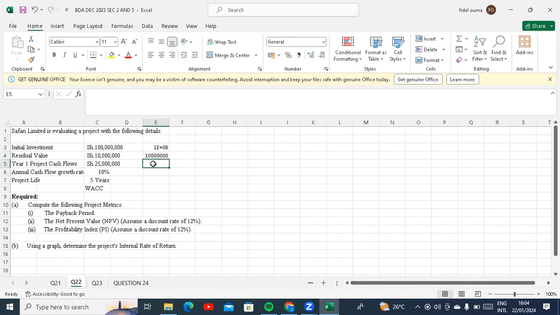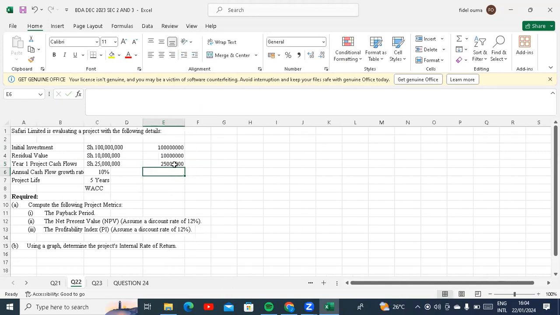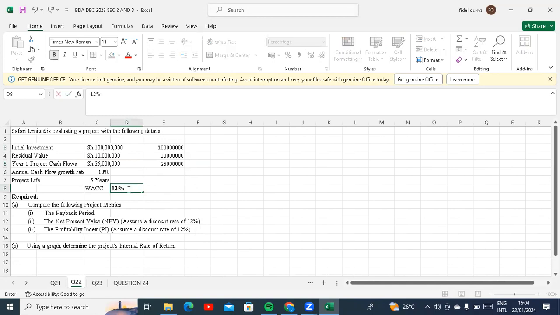For year 1 cash flow, I'll also write 25 million. Then we have the 10% growth, and I'll use the WACC, which you have been given as 12%. So I'll pick that 12% also.